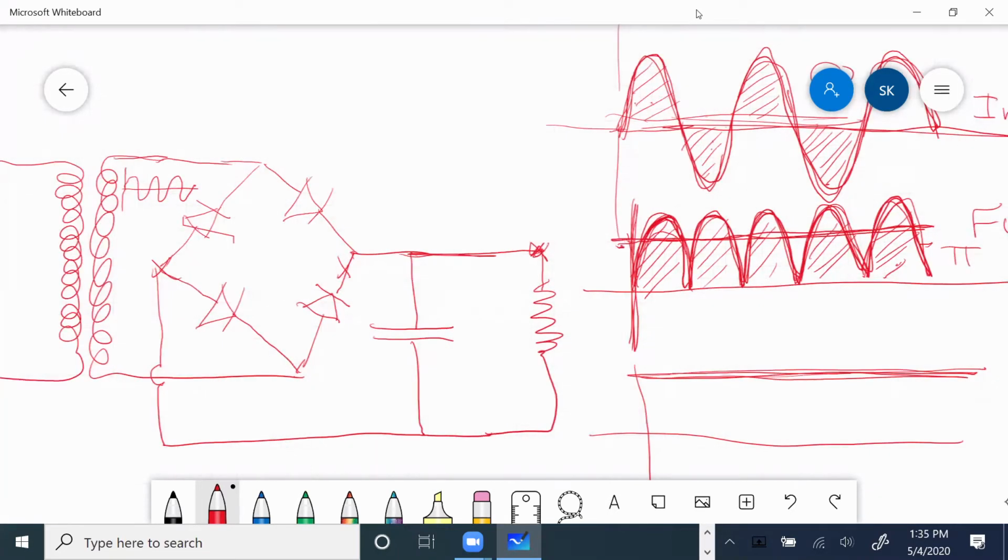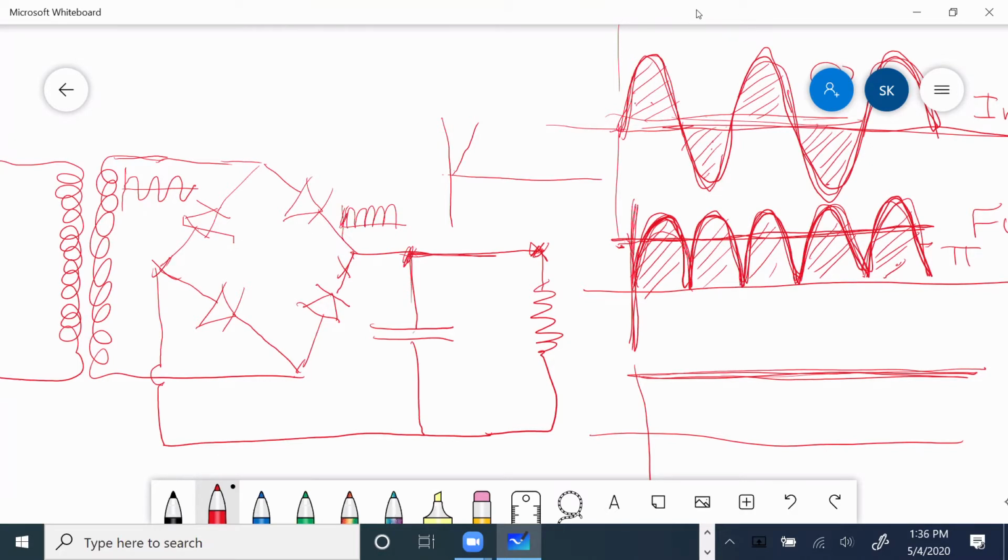and past these diodes, I'm going to have it like this. Now, as the voltage goes high, so let me draw it large. As the voltage goes high, this capacitor charges.